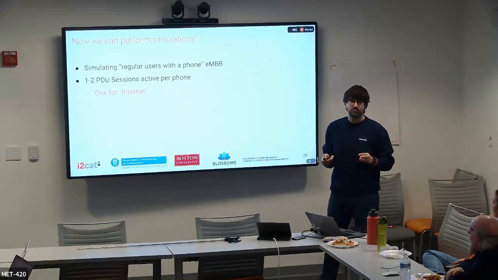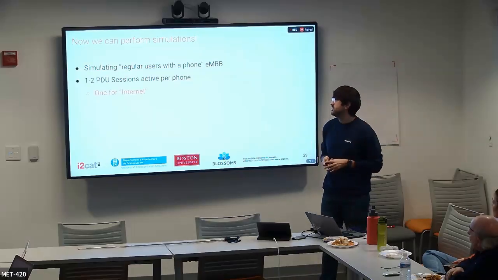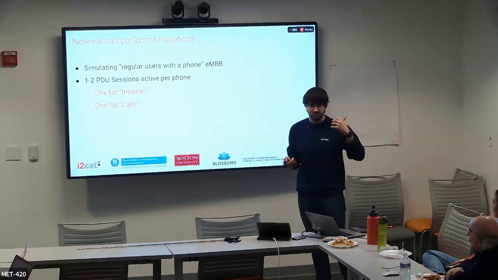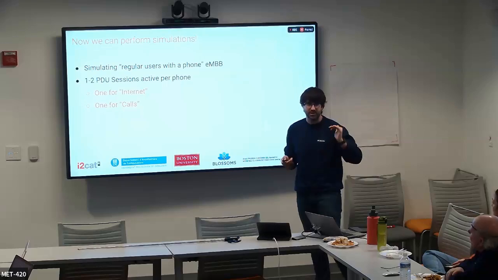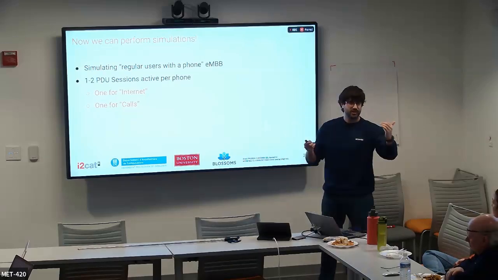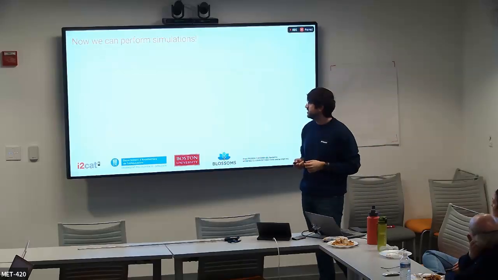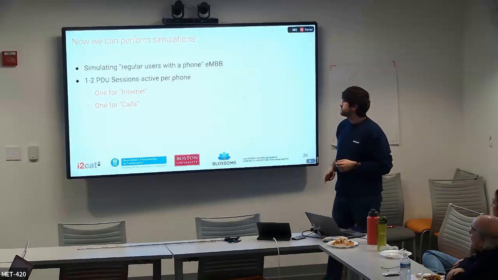Okay, you have one session for the internet stuff, and you have another one for calls. It doesn't matter if you're not having a call, your phone already sets up the PDU session, so if you get a call, you can get it quickly. Okay, so we're simulating this.